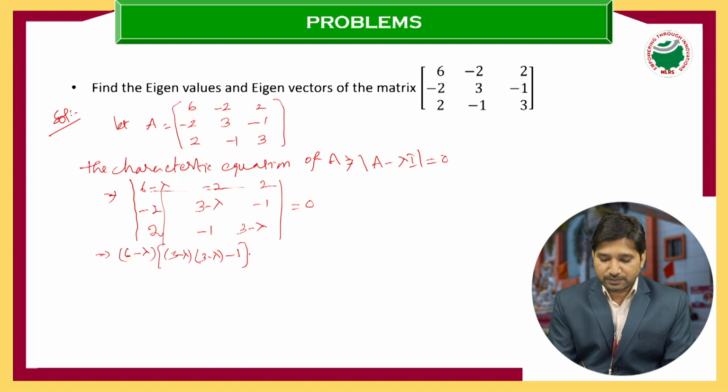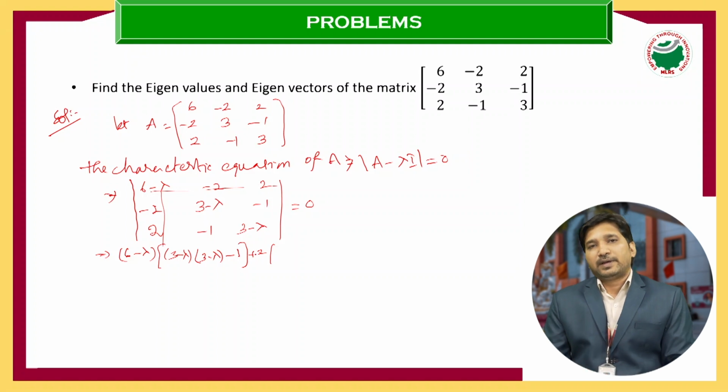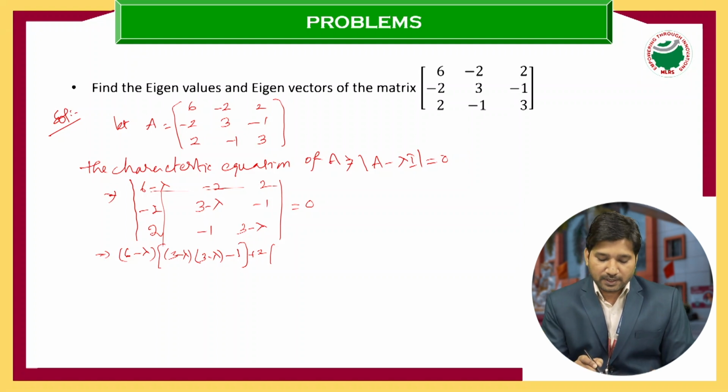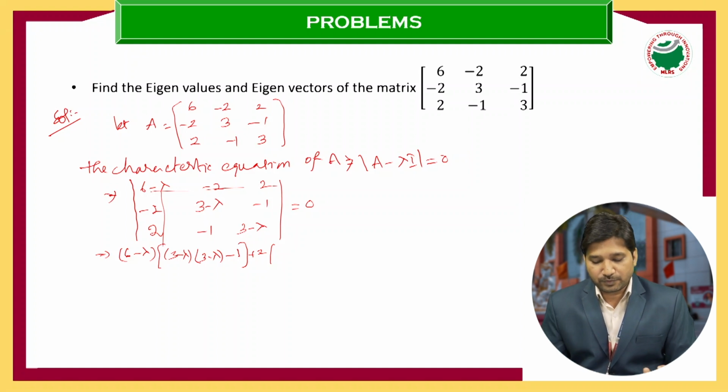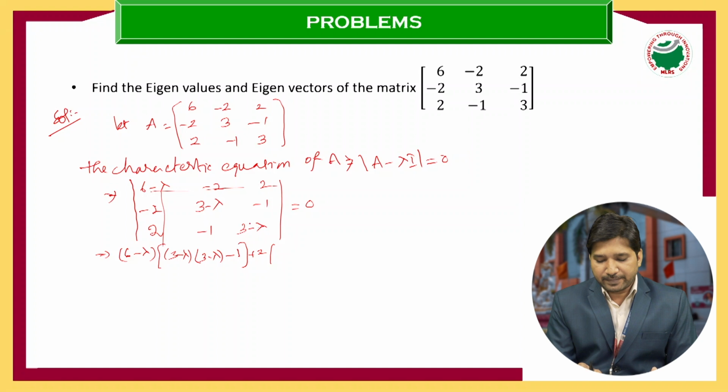Next, minus 2 into the cofactor, with sign minus into minus giving plus, plus 2 into removing the middle column and top row, using AD minus BC: minus 2 into (3 minus lambda), 2 into minus 1, minus 2.